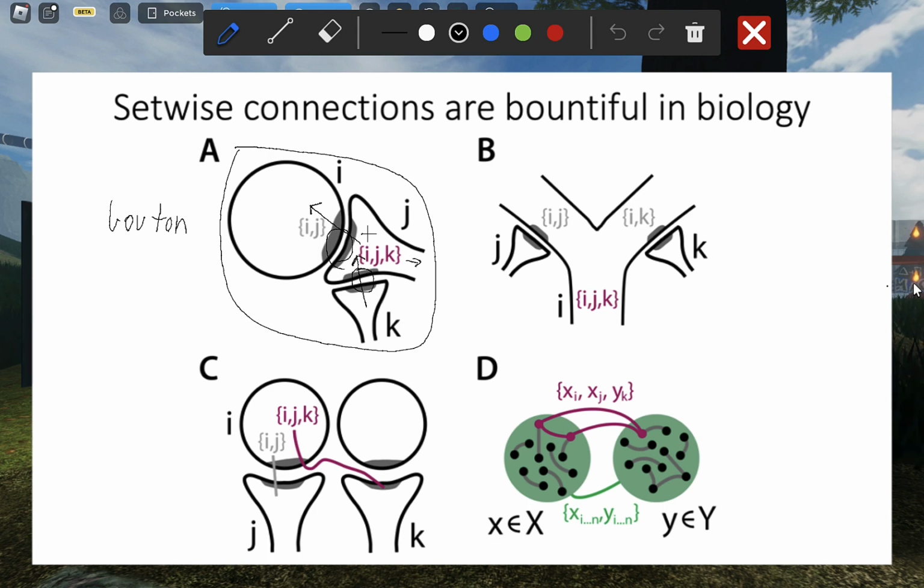In panel B, we've got a case of dendritic integration. This word dendritic comes from dendrite. If you've seen a picture of a neuron, you see all these wonderful little things falling off it, and then you see some long thing like this. This thing is the axon.